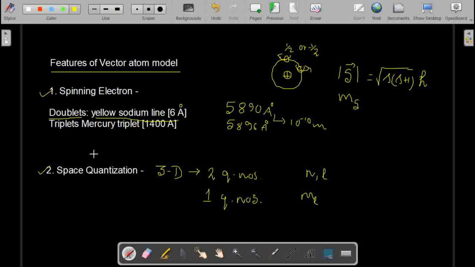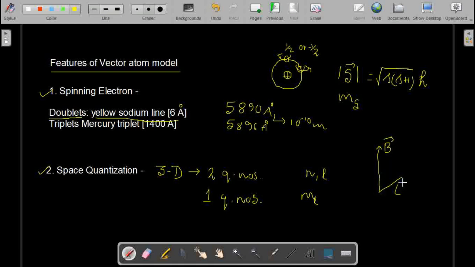Space quantization means that the orientation that the atom will have will also be fixed. It's not that it will have an orientation in any direction. Even the rotational direction, or if we are applying an external magnetic field, the resultant angular momentum will start revolving around it.